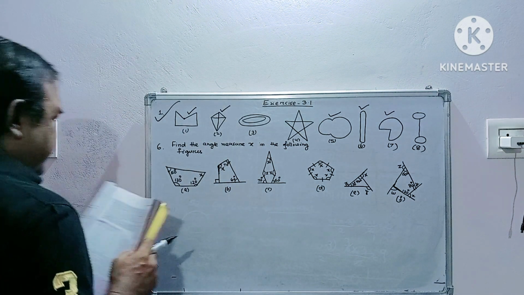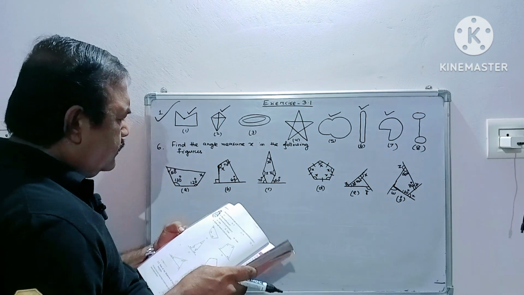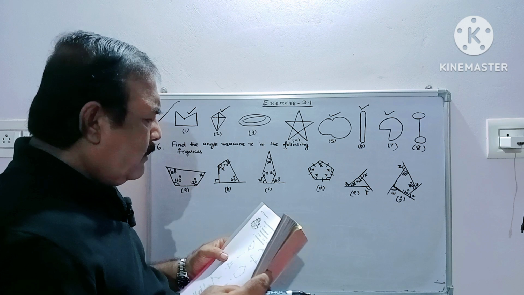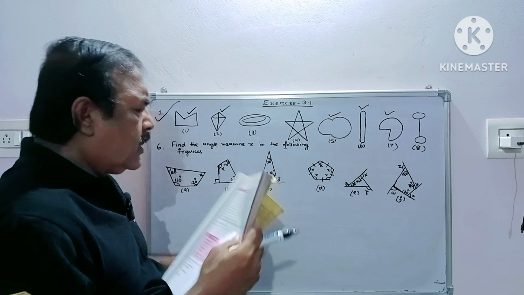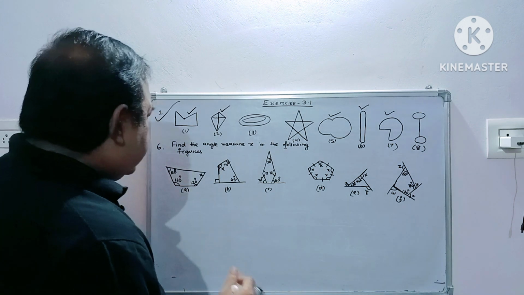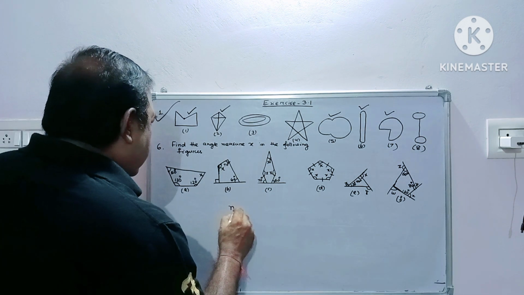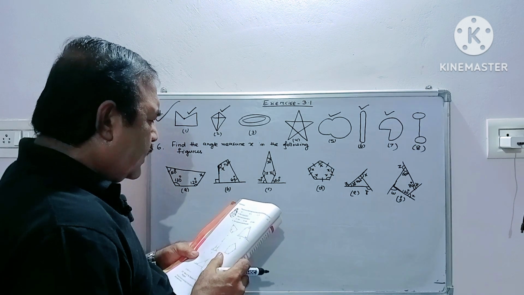What has been asked? What can you say about the angle sum of a convex polygon with number of sides n, and the number of sides is 7? n is equal to 7. n is the number of sides of the convex polygon.